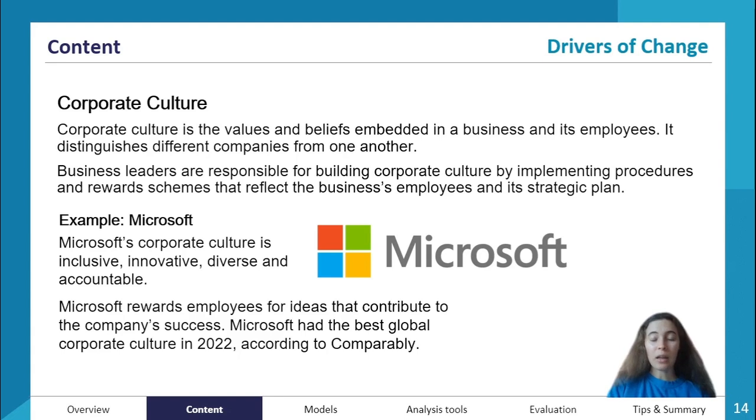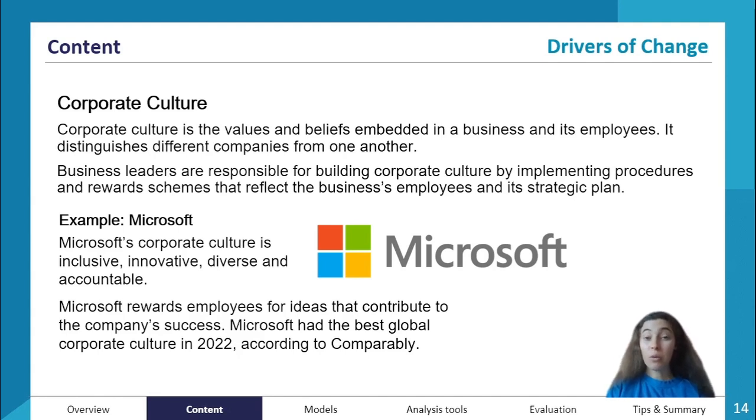So that's something that you'll see a lot of when it comes to corporate culture now. And innovation, of course, especially in the tech space, is really important when you're looking at developing technologies and thinking about the future and how to innovate to improve the future.